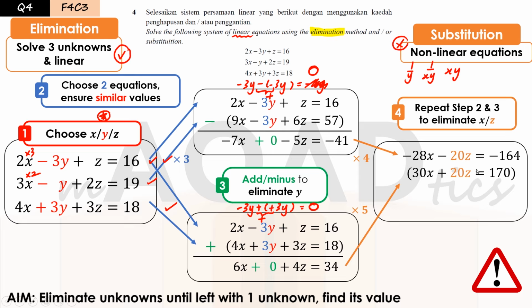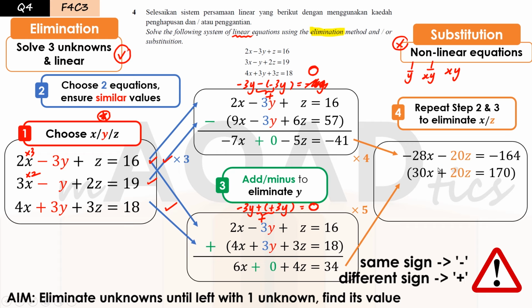If you see this one, the z values have the same sign. Same sign, then we use minus. But if it's different sign, then we add them, then the z will disappear or be eliminated. So we can use this pattern: if same sign, we minus; if different sign, we add.